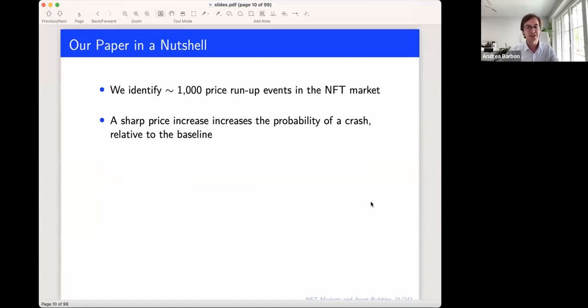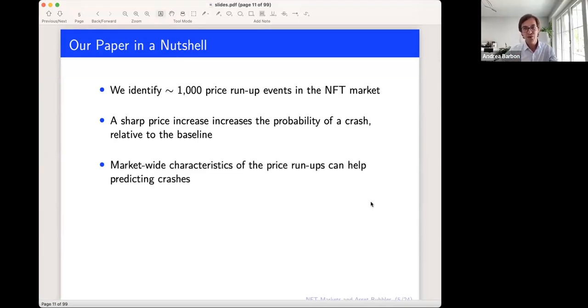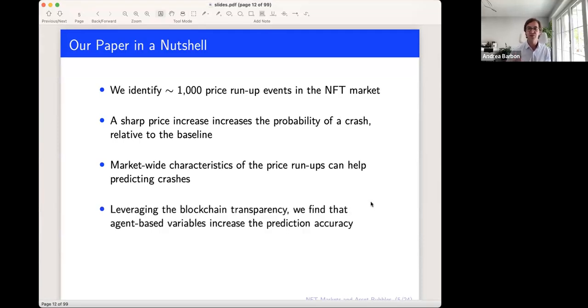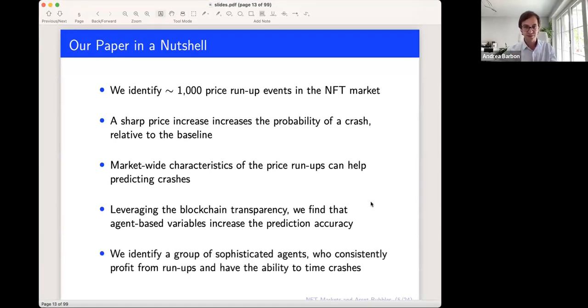We see that such a sharp price increase makes the probability of a subsequent crash in the price much higher. We will try to use some market-wide characteristics of those NFT collections in order to predict whether the price will crash or not in the future. On top of that, we will also use blockchain data to find out if any agent-related variables will be helpful in the forecast. More about that in a few minutes.